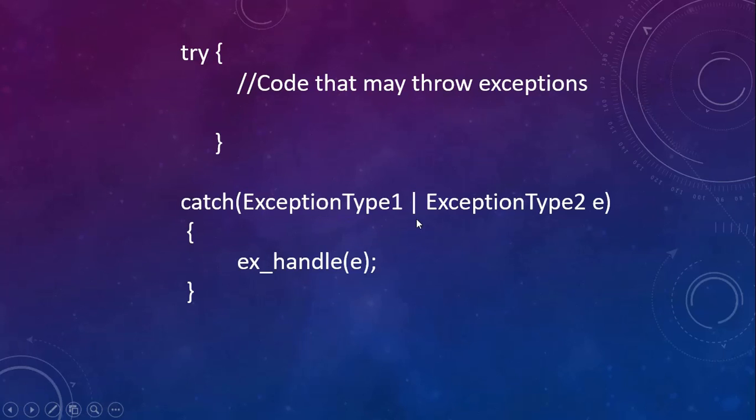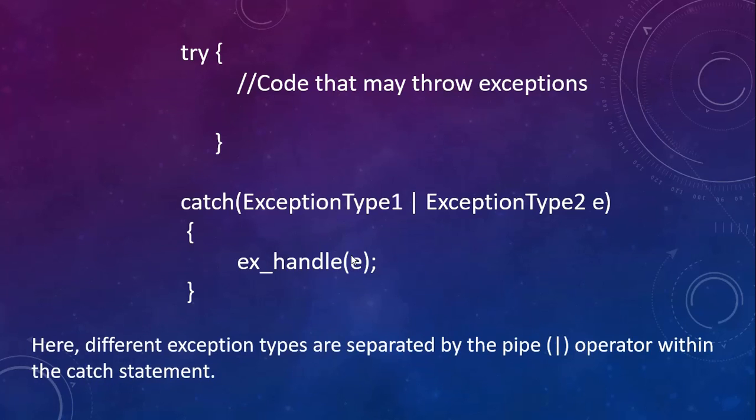So exception type 1 will be accepted, exception type 2 will be accepted, exception type 3 will be accepted, and so on. So this is how multiple different kinds of exceptions can be caught by a single catch block. This is one facility that Java SE 7 has introduced.